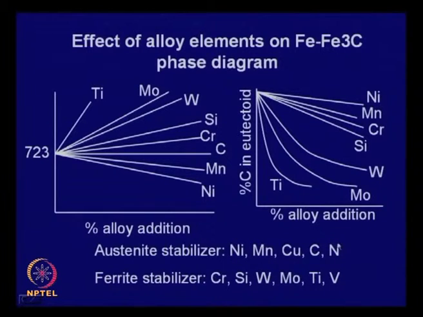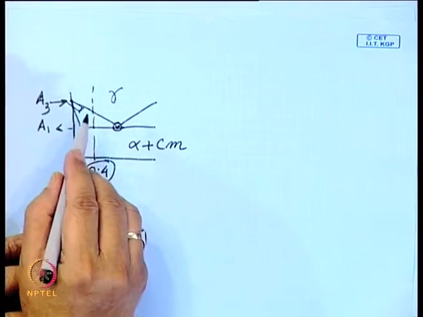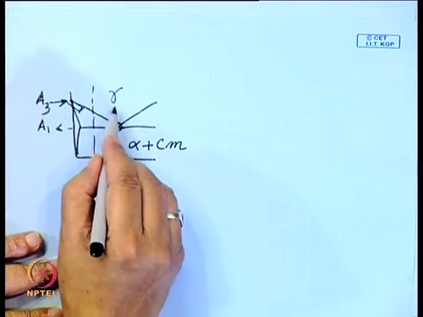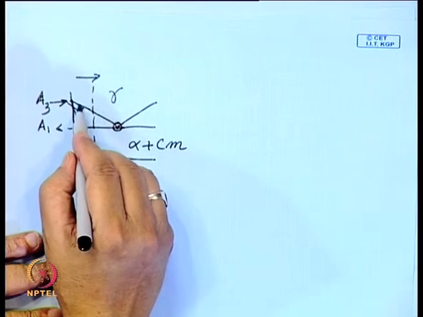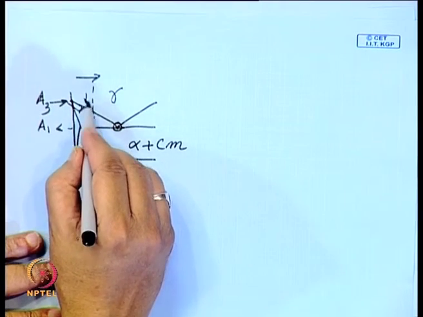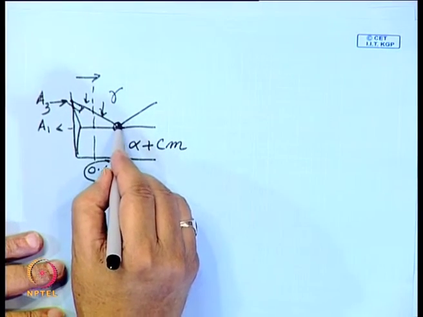These are the elements which try to bring down the temperature range in which austenite is stable. Here carbon is also included as an austenite stabilizer, primarily because if you look at this phase diagram, as you increase carbon content, the austenite temperature goes on decreasing.